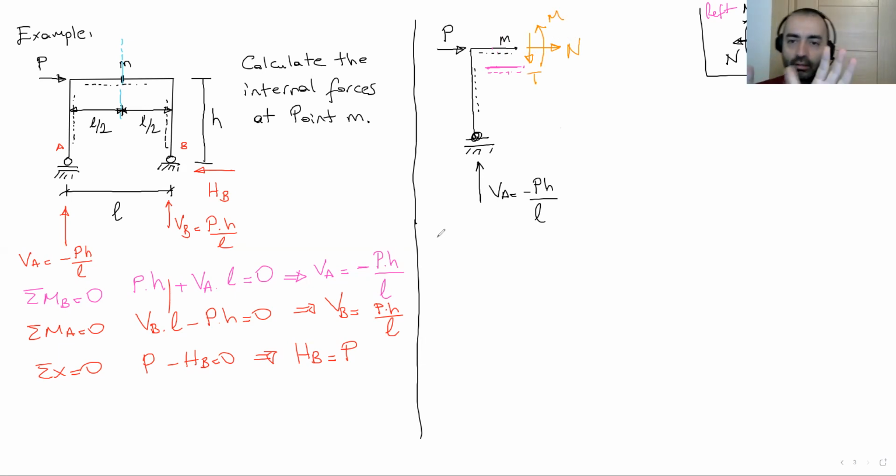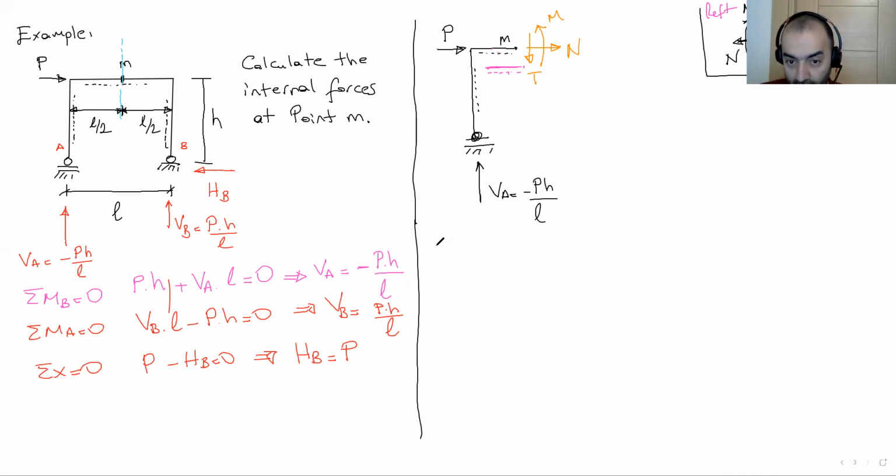After we write this one, we cut the system and put the positive directions of these internal forces. Then we have, remember, three equilibrium equations to solve that. We will apply them one by one.